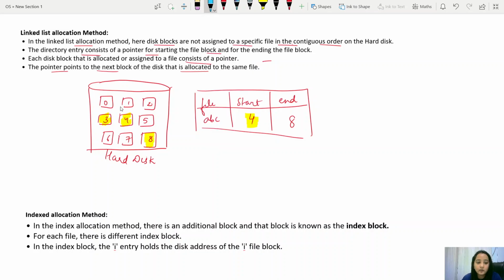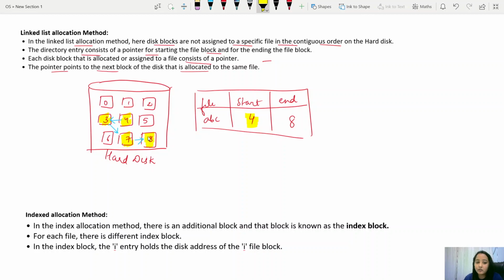Okay, first I'm starting from 4, I'm pointing towards 3. First data will be stored in here, then at 3, then a part is stored at suppose 7, and then at 8. Okay, so it will end at 8. So it will be containing blocks like 4, 3, 7, 8.